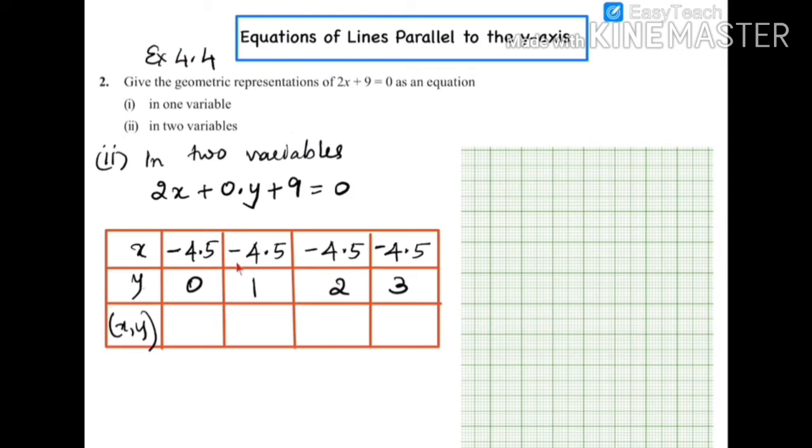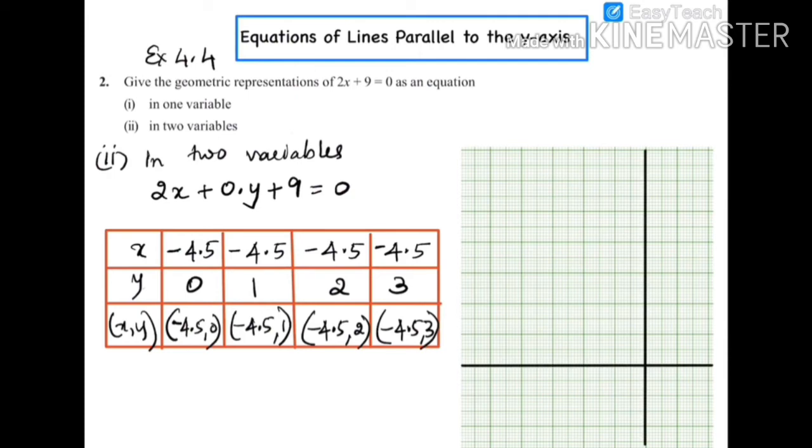You can verify this by substituting in your rough column and calculating. So the corresponding points are (-4.5, 0), (-4.5, 1), (-4.5, 2), (-4.5, 3).